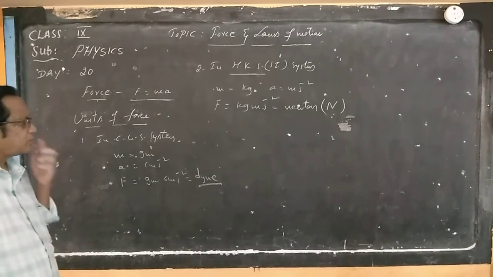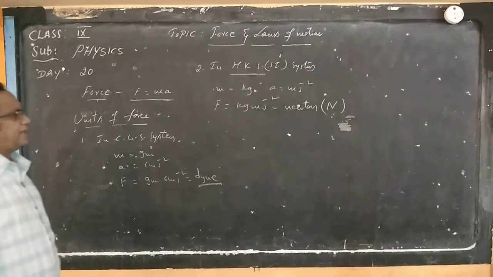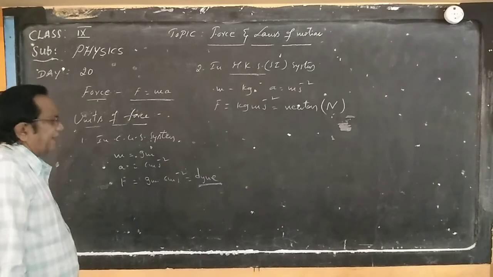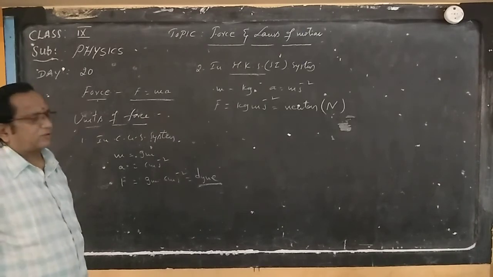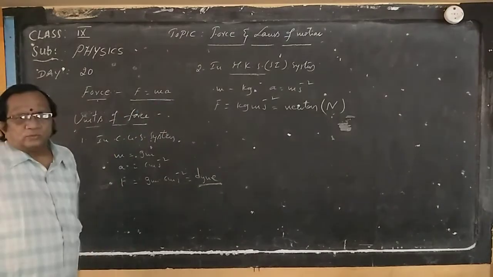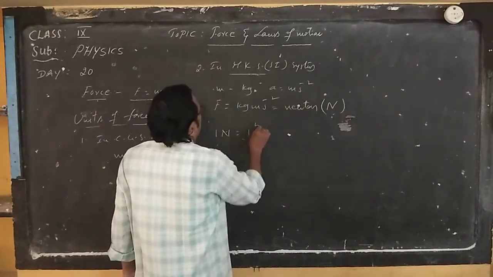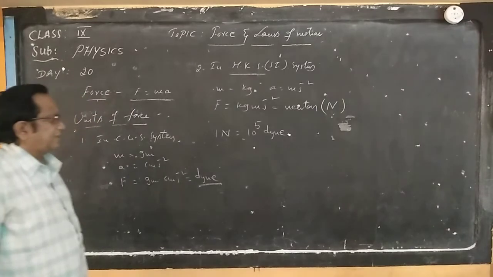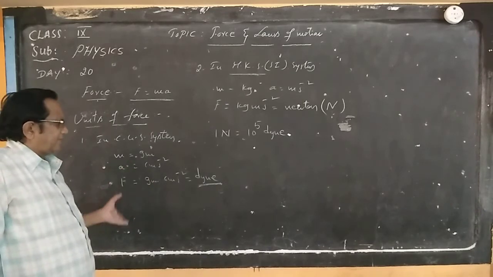Now this value should be considered. 1 Newton is equal to 10 to the power of 5 dynes. So how do we get this value? 1 kilogram converted into grams is 1000. 1 meter converted into centimeters is 100.